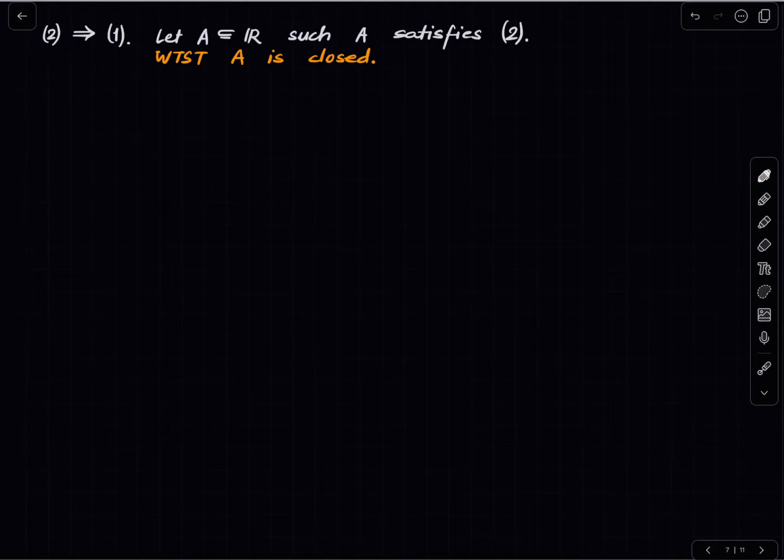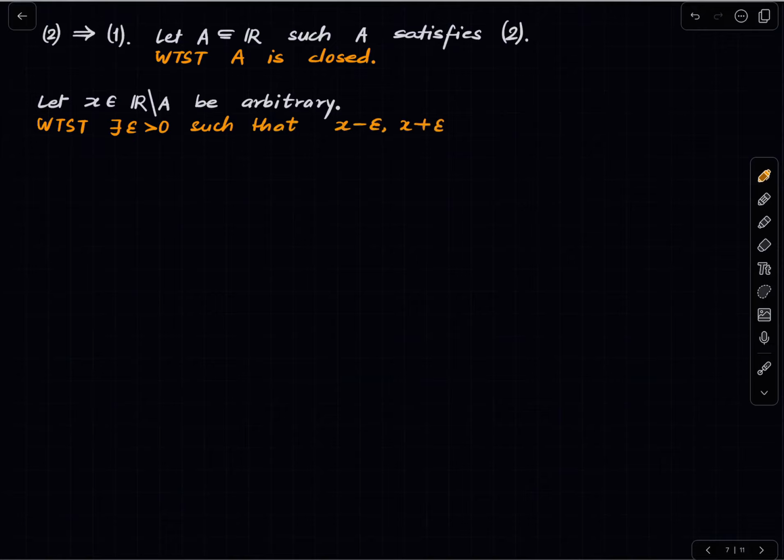So fix some point x in the complement of A, and we want to show that there is some room around the point x such that this room is entirely contained in the complement. So the reduced goal is to show that there exists epsilon greater than 0 such that this open interval around x is contained in the complement, which is to say that this open interval does not intersect A.